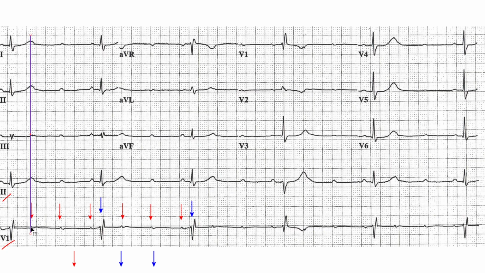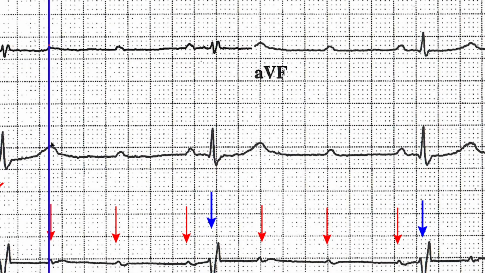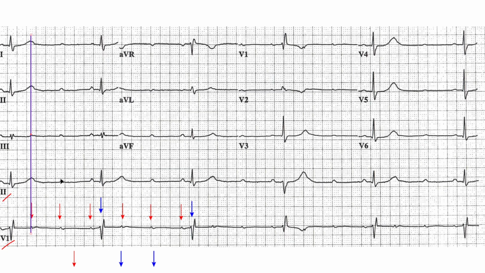Find whatever it is that you're looking for, draw a line, and see where it lands in other leads. And all of a sudden, I see that this little peak, I'm just going to move the line over so you can see, corresponds to the peak of the P wave. Now, this is a pretty straightforward one, but this comes in handy when you're looking at very, very difficult stuff.